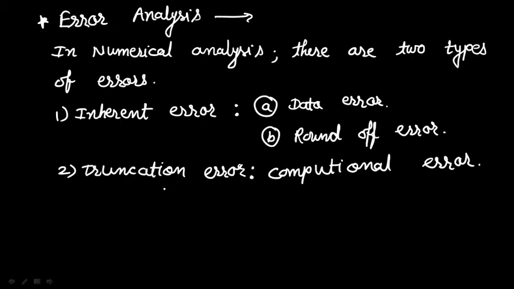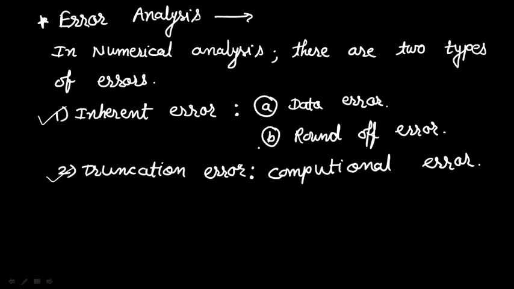Now, error analysis. In numerical analysis there are two types of errors. First is inherent error and second is truncation error. Inherent error is due to data error and rounding off error, and truncation error is due to computational error.